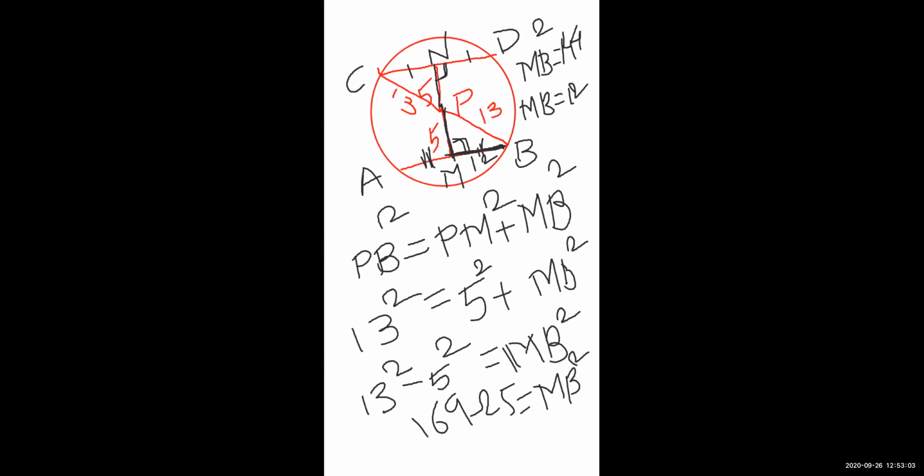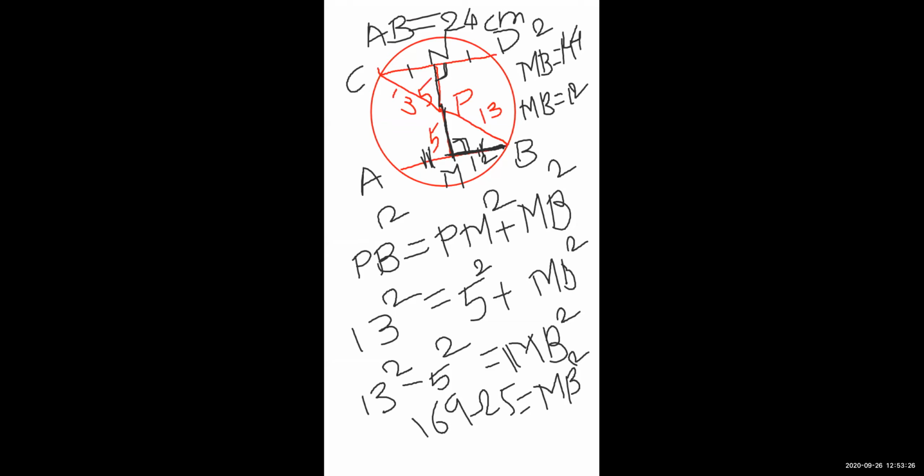So obviously AB is double of MB. So 2 times MB, that means 2 times 12, that is 24. So AB is equal to 24 सेंटीमीटर.